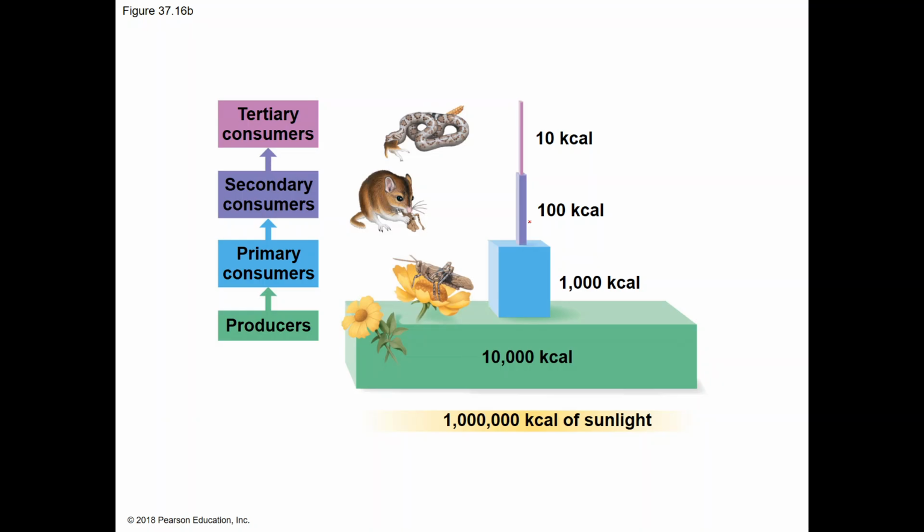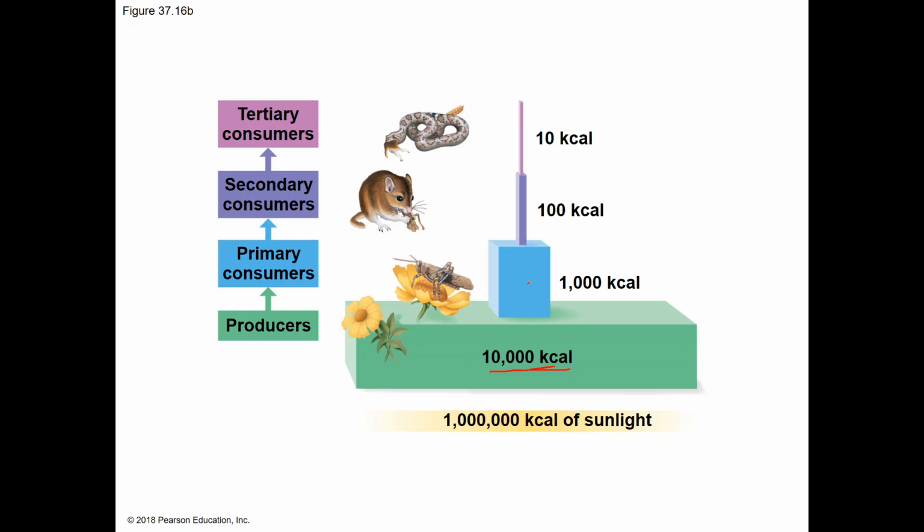If we take a look at that caterpillar example and extrapolate that through other ecosystems, we get what we call an energy pyramid. This illustrates the cumulative loss of energy with each transfer of the food chain. So if we start here with the primary producers at the bottom, having about 10,000 kilocalories of biomass available.